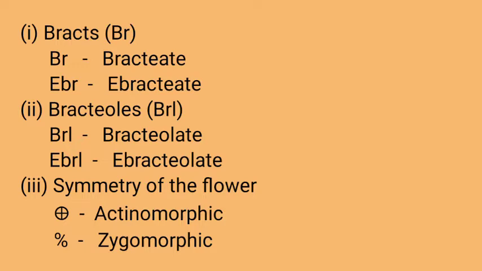The second one is bracteoles, denoted by Brl. If the flower contains bracteoles, we write Brl, which means bracteolate. Bracteoles are present. If bracteoles are absent in the flower, we write Ebrl, which means ebracteolate. Bracteoles are absent in that particular flower.